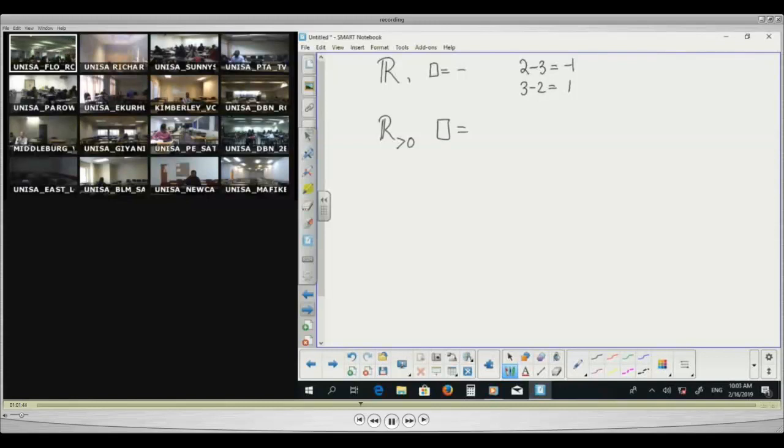Associative means every one of those, right? So let's try. 2 minus (3 minus 4). This is 2 minus (-1). This is 3. And (2 minus 3) minus 4. This is -1 minus 4. And what is this?